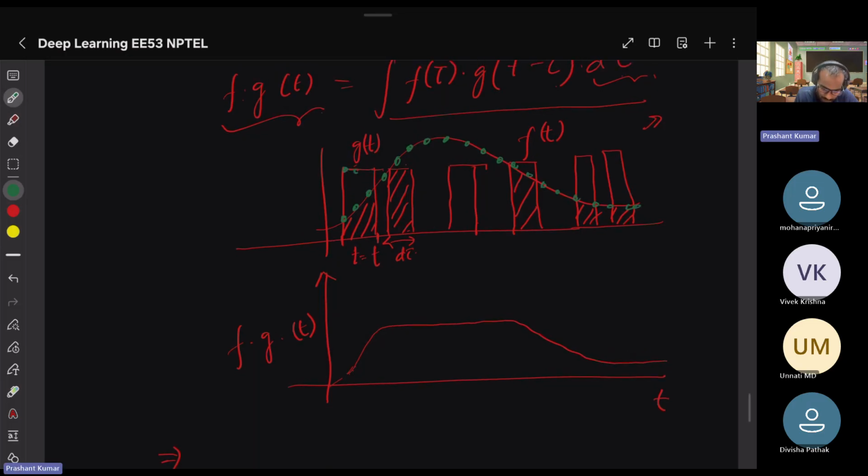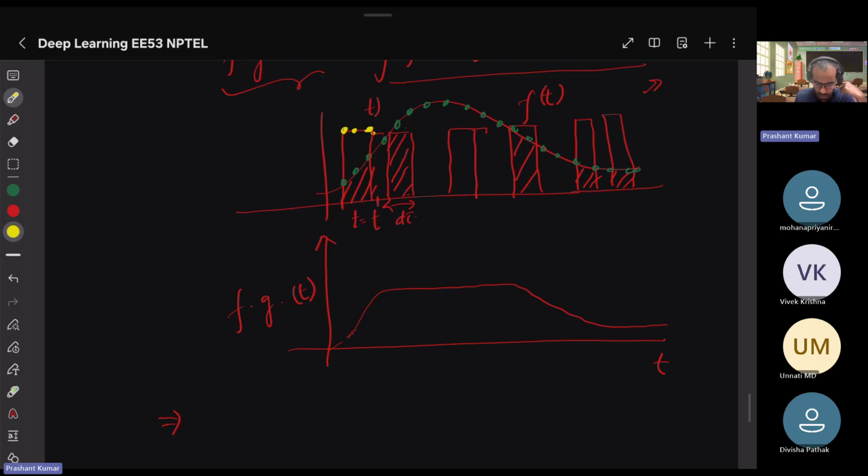And this is your g of t. So when you are doing the discrete multiplication, you are multiplying this into this, this into this, this into this, and then you are adding it.